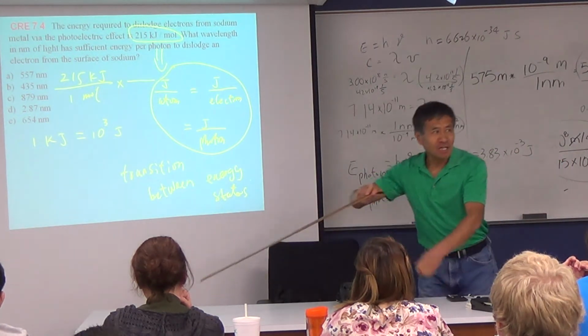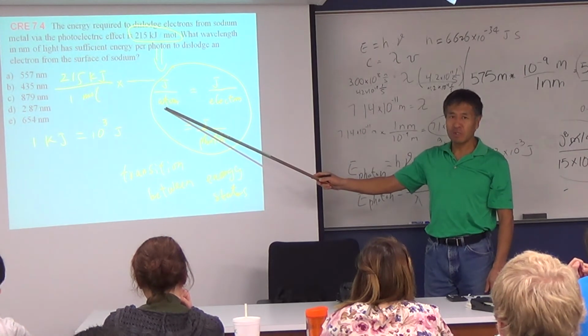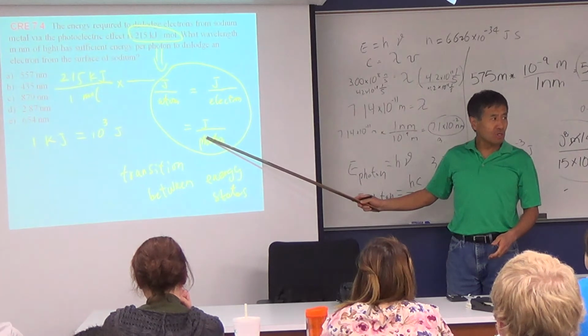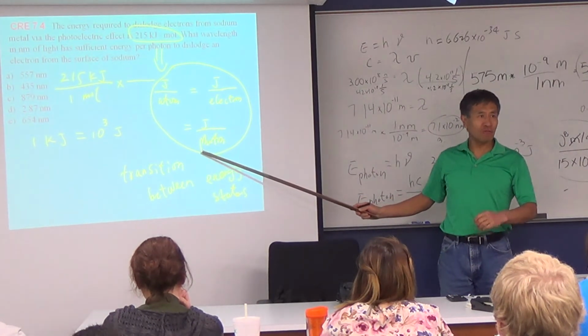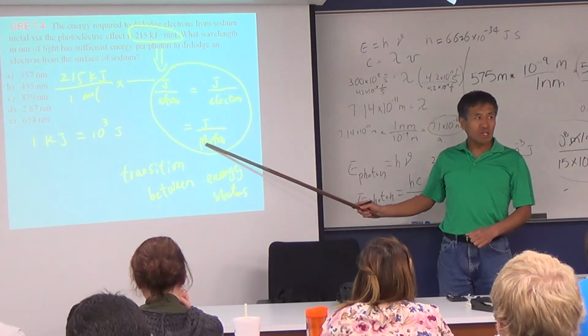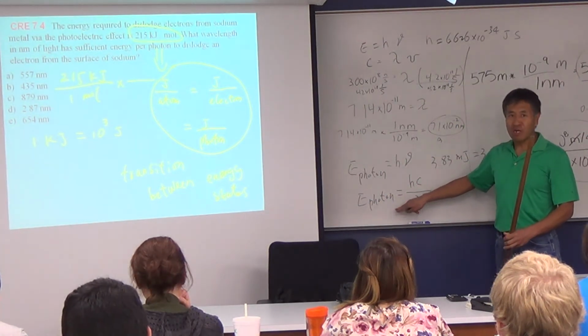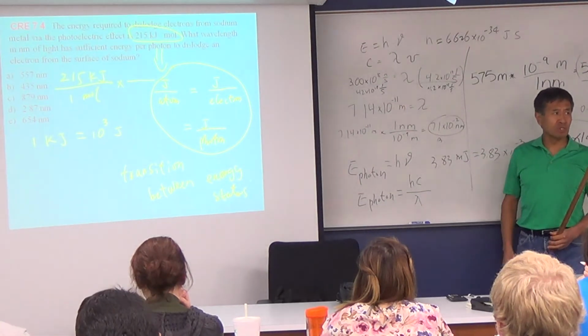If you want to figure out joule per atom, that will be the same as joule per electron, and joule per electron will be the same as joule per photon. Once you get a joule per photon, you can use those formulas to calculate the wavelength or the frequency.